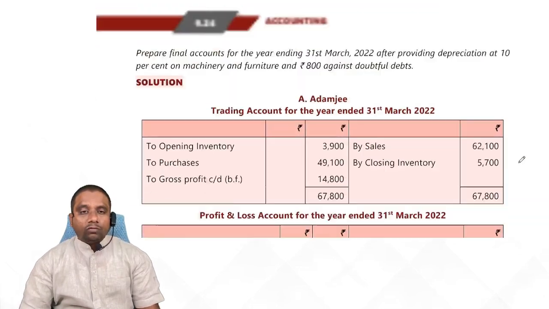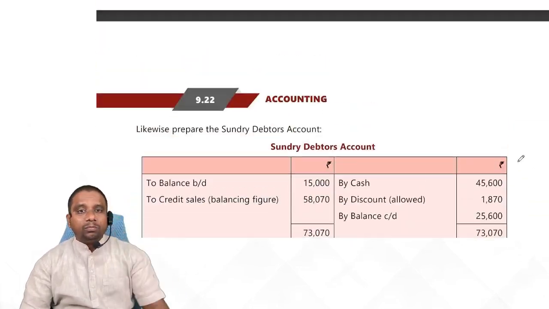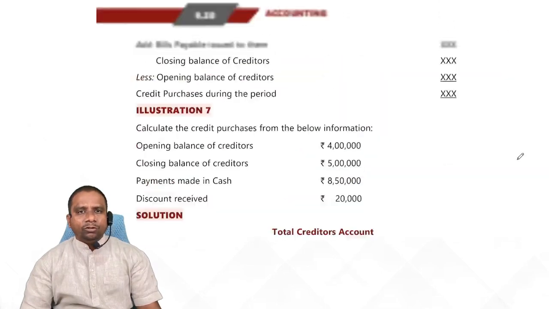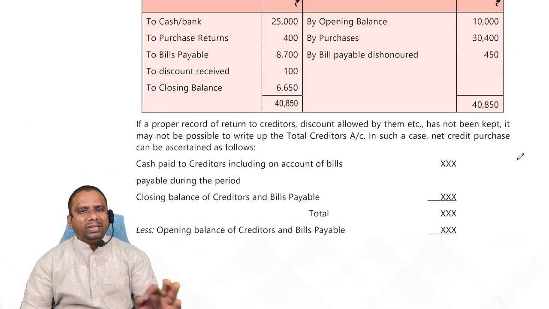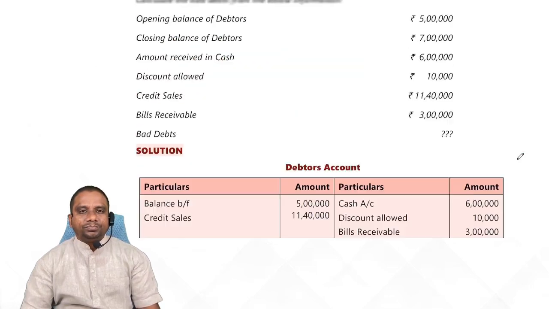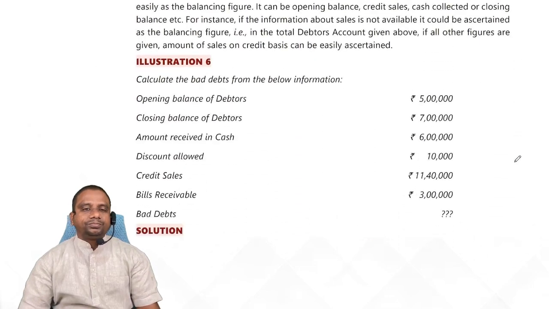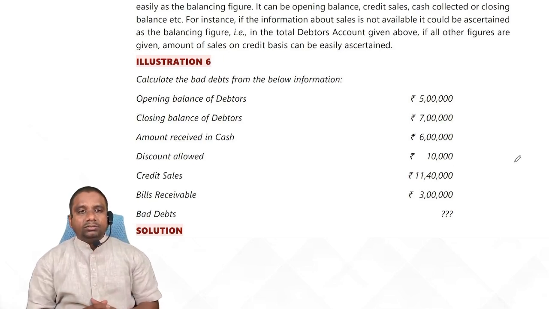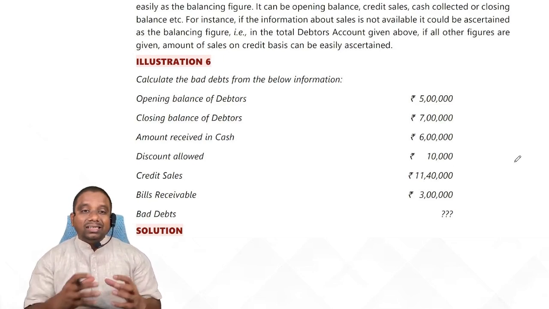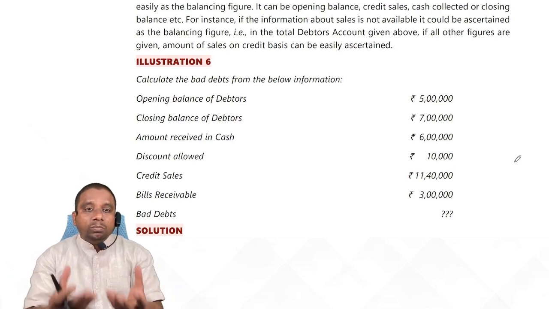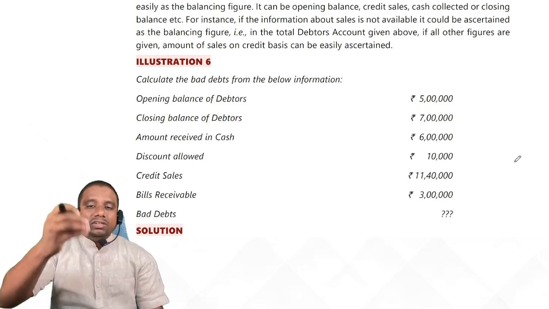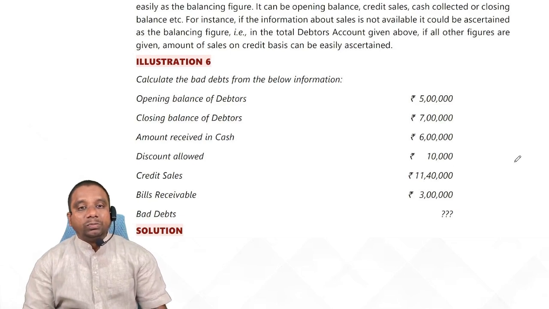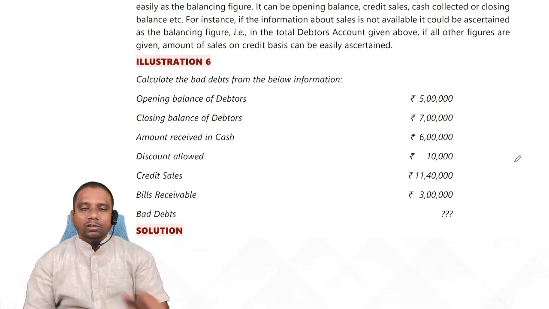Now look at what we have to do first. They give you incomplete information, students, completely incomplete information. Out of that incomplete information, we have to complete the information and calculate profit or loss by preparing trading account, profit and loss account, and balance sheet.